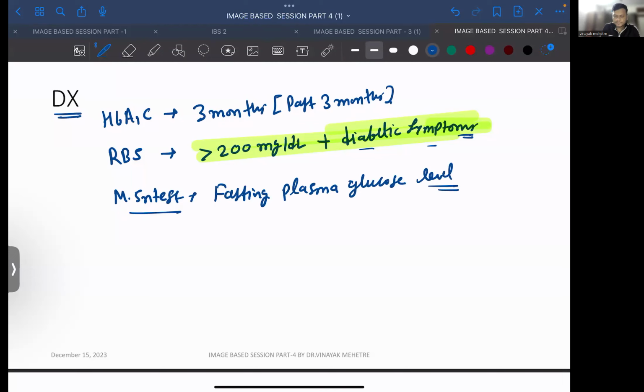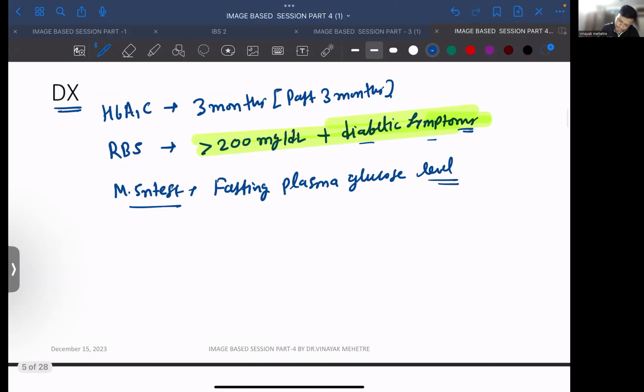Okay, फास्टिंग प्लाज्मा ग्लूकोज लेवल, पेशेंट को हम फास्टिंग करने लगाएंगे ओवरनाइट, right? And then we will calculate the plasma glucose level. Okay, that will be most sensitive test.